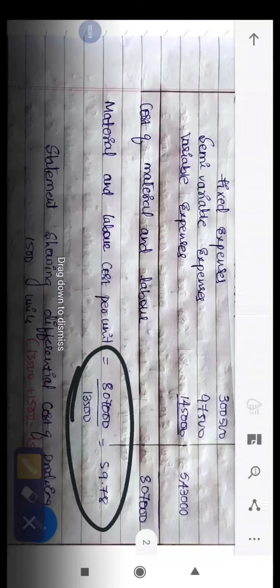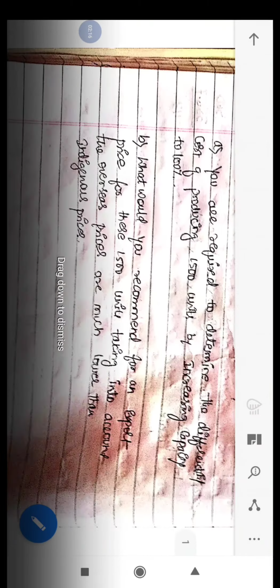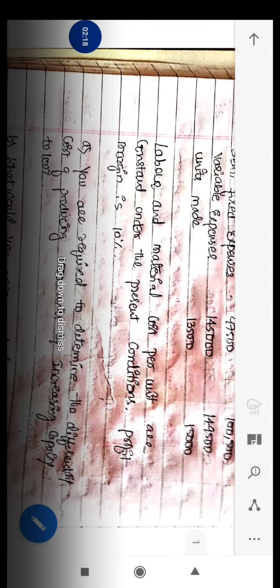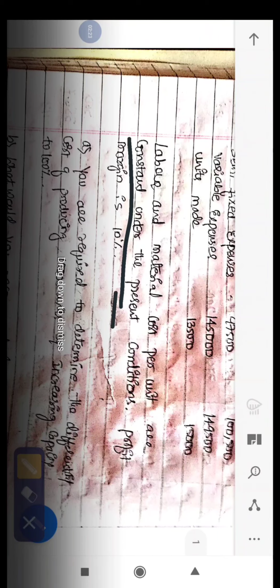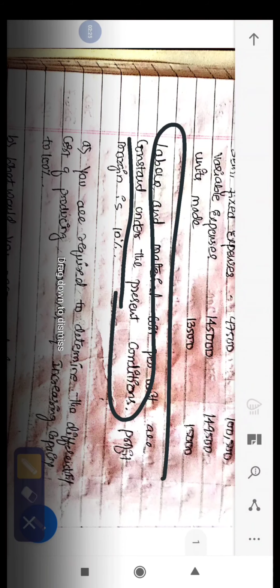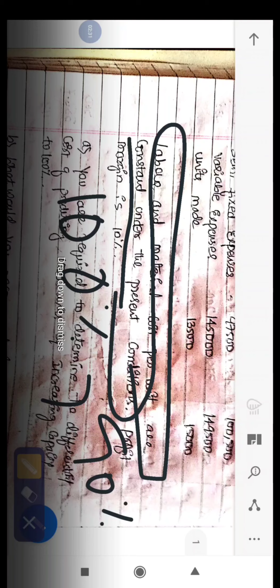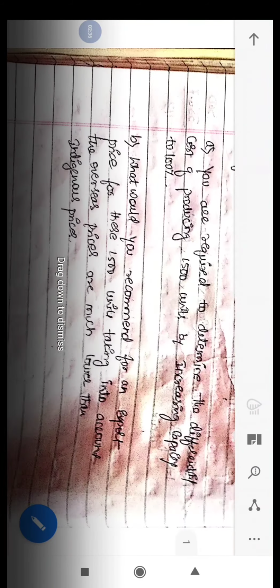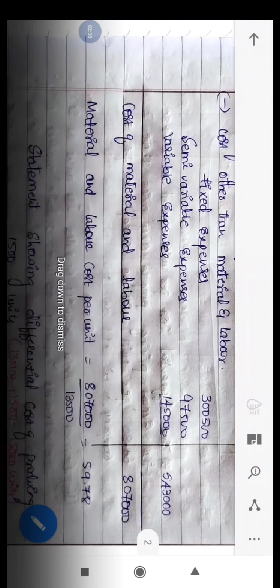Because we need this per unit material and labor, and they have told here that the material and the labor cost remain constant under present situation. So in 100% and in 90% the labor and the material cost per unit will remain same. First of all we will calculate the material and the labor cost.